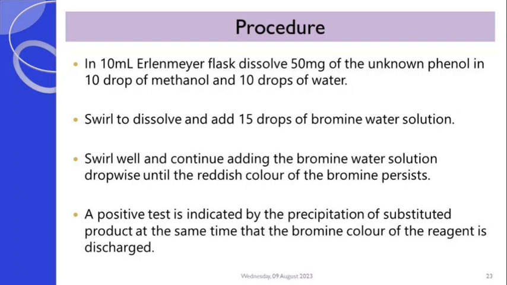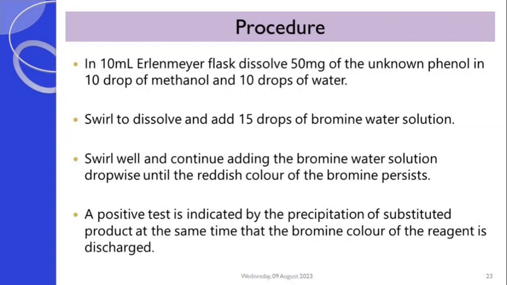You would add 10 drops of methanol and some drops of water. Now, you swirl this mixture for it to dissolve, after which you would add your 15 drops of bromine water solution.